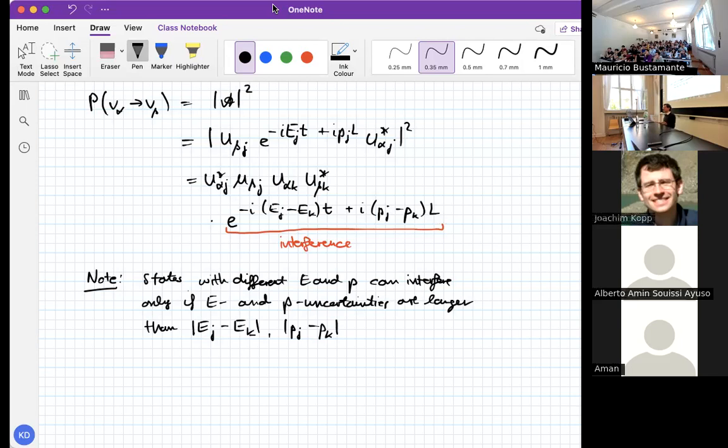When you do the double slit experiment and you know through which slit your photons are traveling, then the interference pattern disappears. Similarly, for neutrinos, if you do kinematic measurements that are precise enough to tell you which neutrino mass eigenstate has been propagating, then oscillations would disappear. But that's not the situation that we are normally in. So this is always the case in neutrino oscillation experiments.